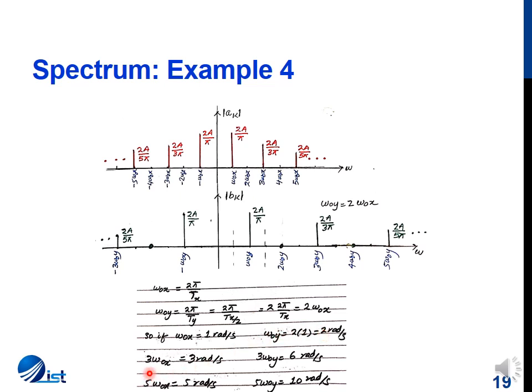When we have 3 radians per second for the ak graph, then we have 6 radians per second for the bk graph. Similarly, 5 gets multiplied by 1, and over here 5 gets multiplied by 2. So we can see that although the function was squeezed or compressed in time, in the frequency domain the spectrum is expanded, and now the spectral lines are placed further apart.